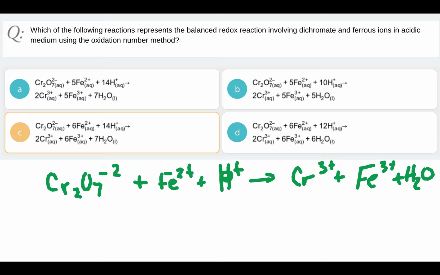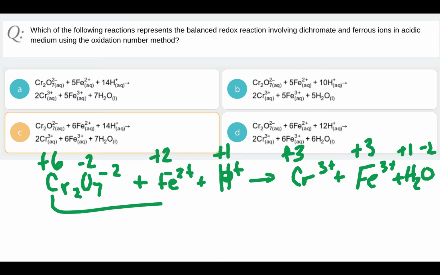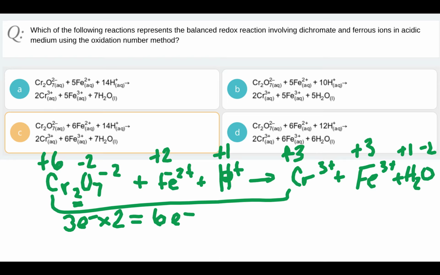Now with this one, I did balance using oxidation numbers. So knowing the oxidation numbers and just going a little bit faster, this oxygen would be -2, and there's 7 of them. So -14, we need that. So chromium has to be +6. This iron is +2, hydrogen's +1. This chromium is +3, iron +3, and then we have +1 and -2. So with balancing with oxidation numbers, we would notice chromium is going from +6 to +3. That's an exchange of 3 electrons, but there's 2 atoms, so times 2, so a total of 6 electrons.